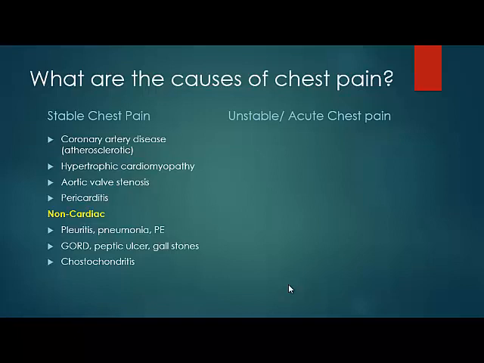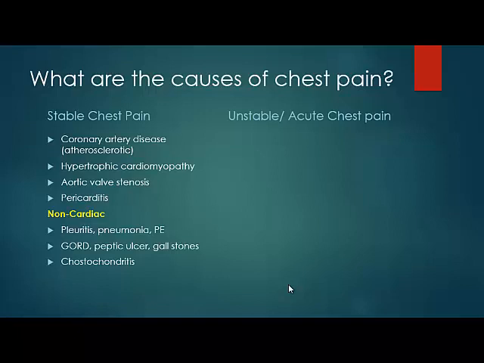Then what are the causes of acute chest pain? Again, the commonest is acute thrombotic occlusion of the coronary arteries from atheromatous disease. What else can cause acute chest pain? Aortic dissection.